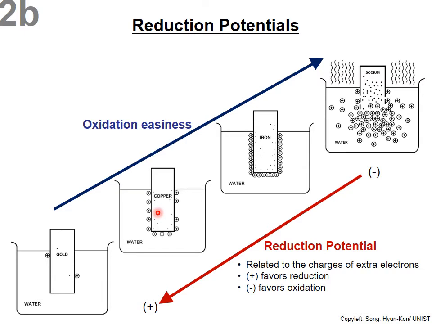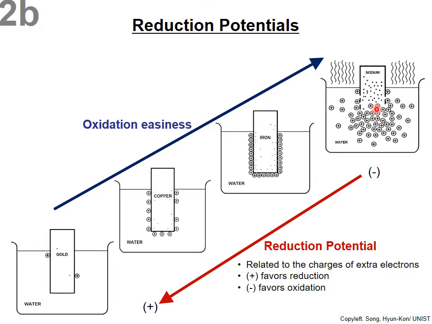So right now we have a kind of series of metals like that, and then in the body of matter 2 electrons are found in the gold, then 10 electrons are found in the copper, then 20 electrons are found in the iron bar, and finally 100 extra electrons found in the sodium metal.